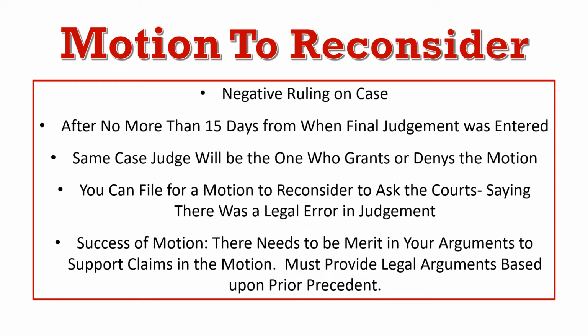It has to be a legal error. Was there something that the judge did that made it to where the losing party could have won based on this error in judgment made by the courts?